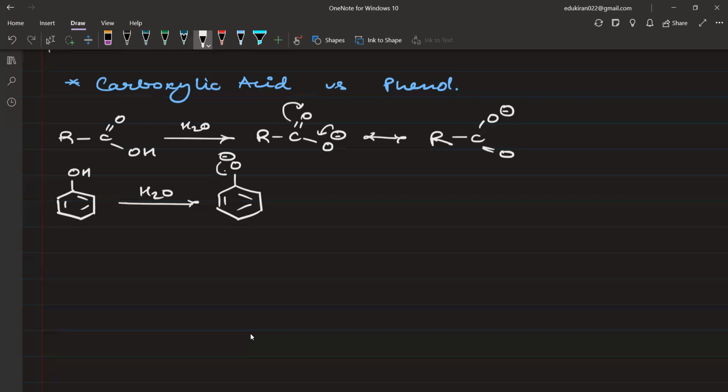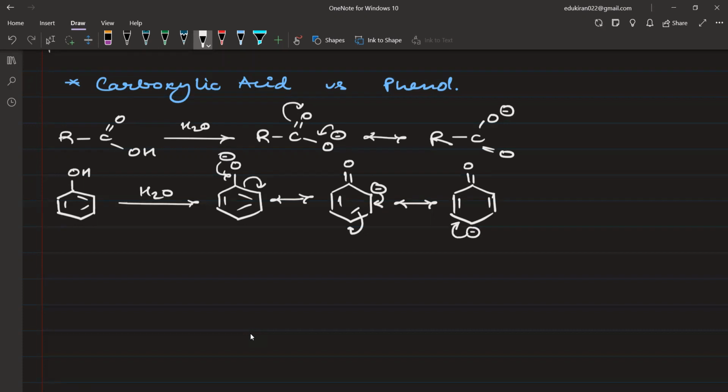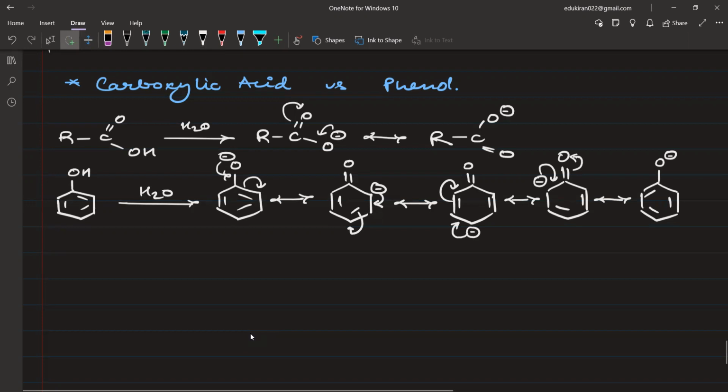Now this can also show resonance like this. Now look at these two structures here.